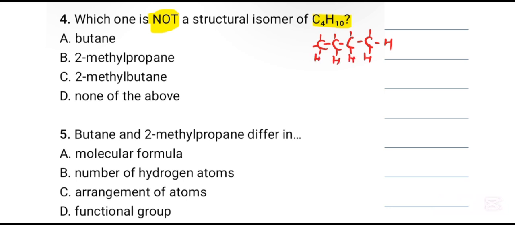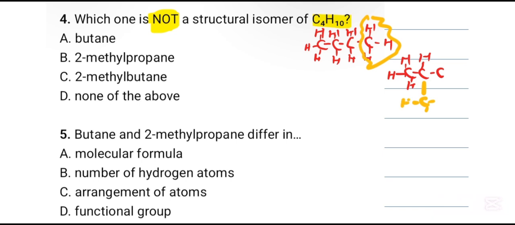Remember, the question asks which one is not an isomer, so let's draw all the possible isomers. 1, 2, 3. Or this one. So hydrogen here, hydrogen here, hydrogen here. Then this carbon, I take it and put it on this carbon. Okay, so there it is. So I have written all the hydrogen atoms.